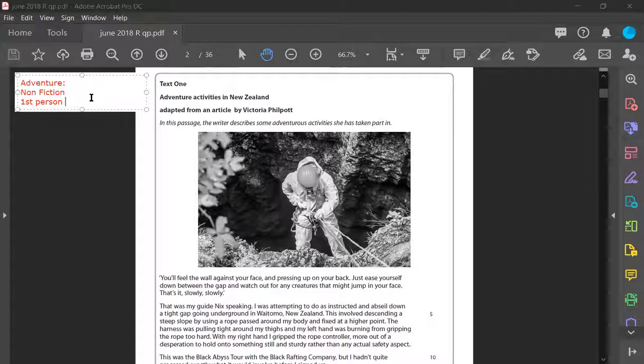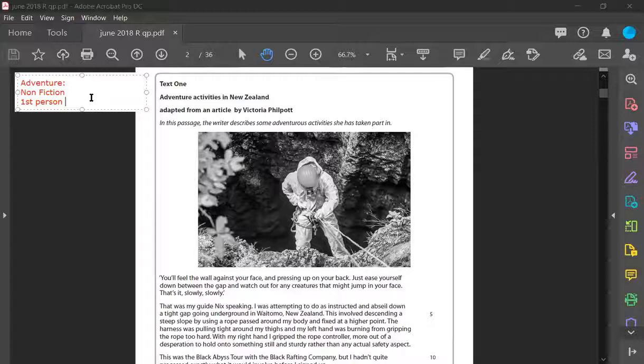If it is written in the first person, then there is a particular effect that the writer will create on you. So now what is this effect? When you are reading anything that is in the first person, it is you who becomes the character.